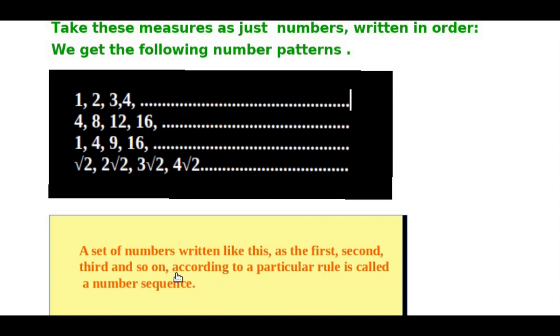A set of numbers written like this as the first, second, third and so on according to a particular rule is called a number sequence. These are examples of number sequences.